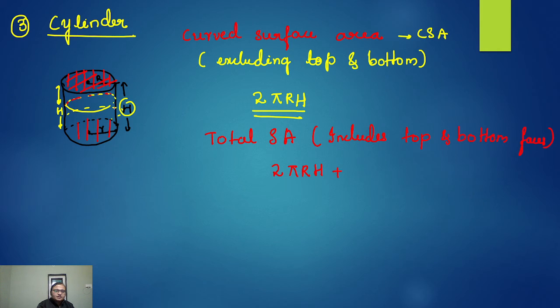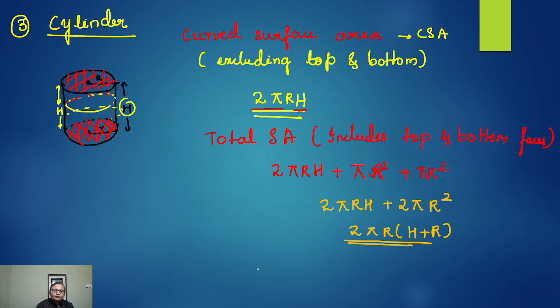The surrounding is 2 pi r and height h. Now you have to consider the areas of the bottom plate and top plate. What will be the area of the top plate? It will be the area of the circle, so it is pi r square, and the bottom circle will be pi r square. Now the resulting formula will be 2 pi r h plus 2 pi r square. You can take 2 pi r common outside: 2 pi r (h plus r). This will be the formula.